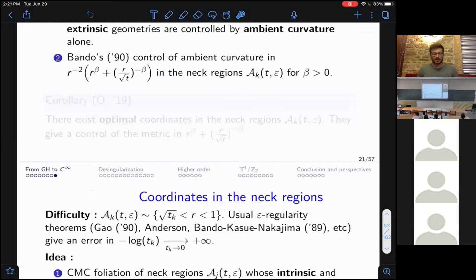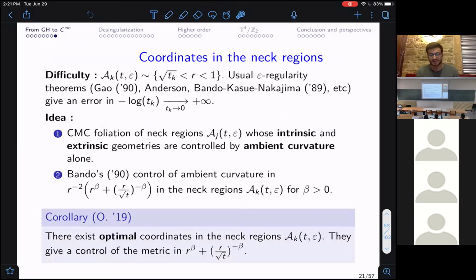This makes me construct optimal coordinates whose spheres are these CMC hypersurfaces, so constant mean curvature hypersurfaces, and they are optimal by just the fact that the intrinsic and extrinsic geometry here is controlled by the ambient curvature. And in particular, we get a control like this for the metric, which was the expected control. So that's roughly the steps in order to find a better convergence.